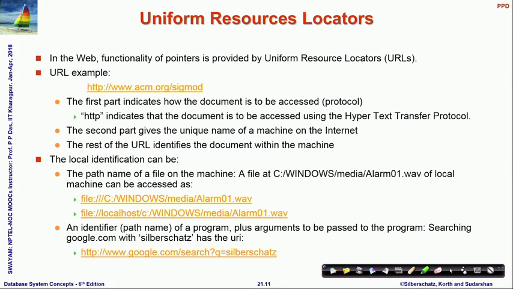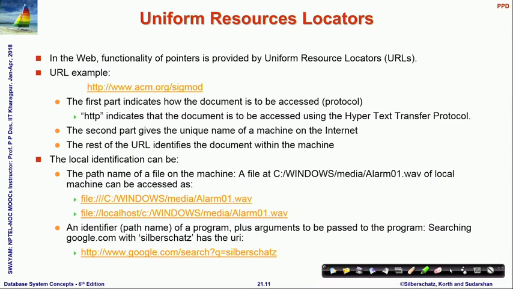Between the two forms, if you look at the second form, you can easily understand that the machine to be identified is called the localhost, and in the first form that part is missing because it is by default the machine where I am running this code, and the rest is the same, which is identifying the document located on that machine.